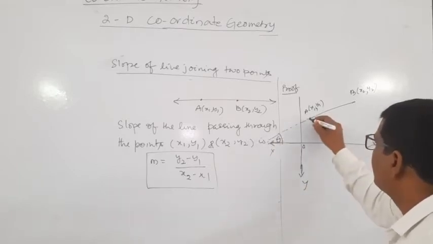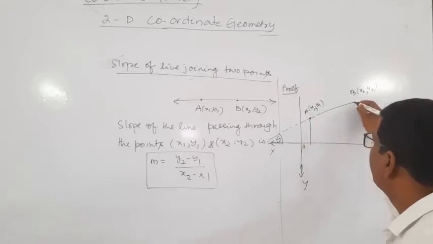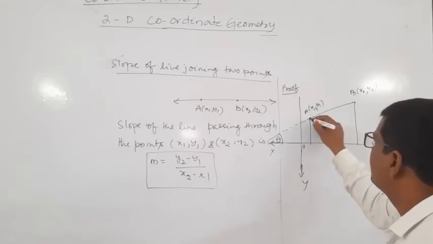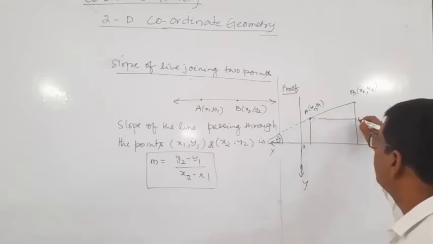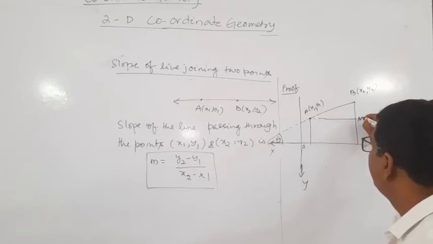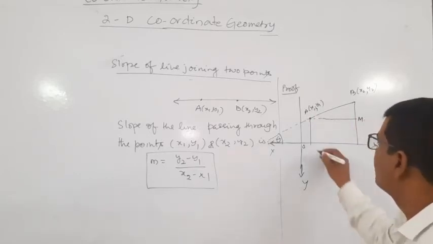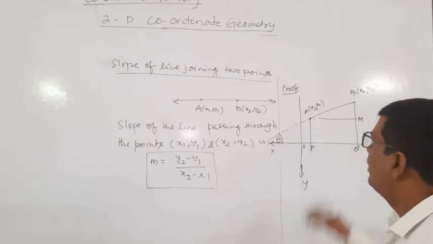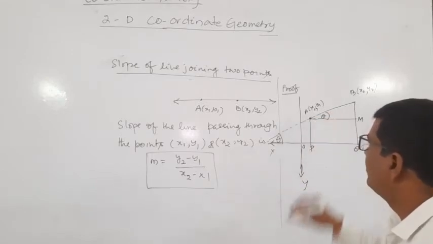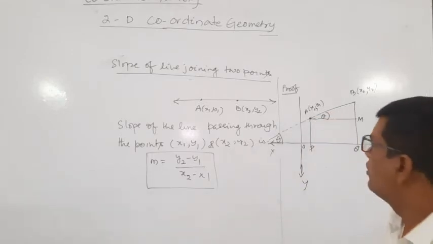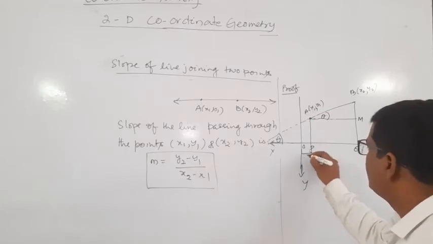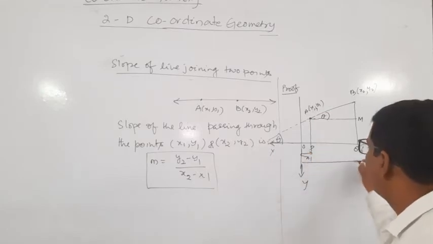Now the line extends here, so this will be suppose theta. Draw a perpendicular here and also draw a line here. So this is suppose point M, this is P and Q, and this will be theta. Clear? Now this portion is equal to x1, total portion is x2.